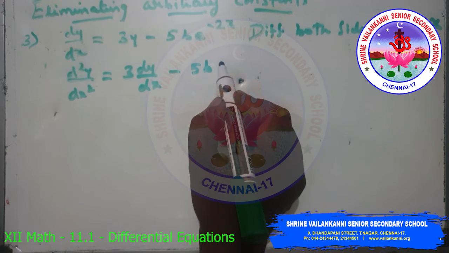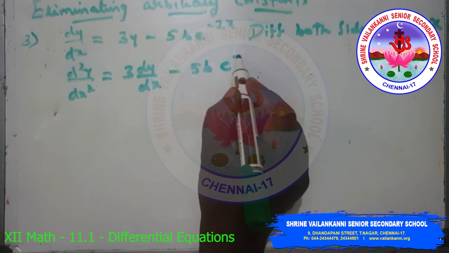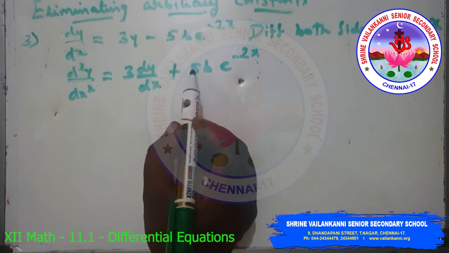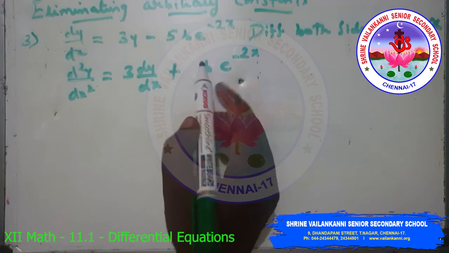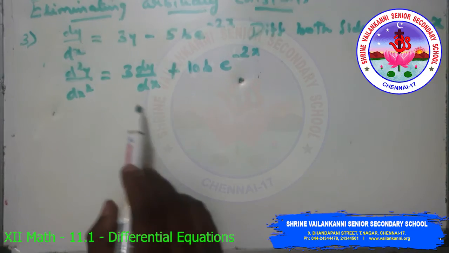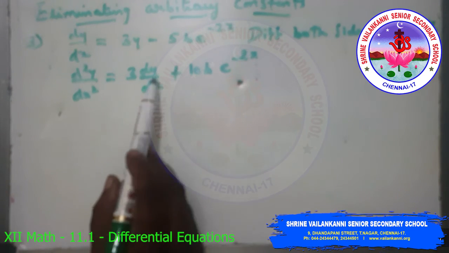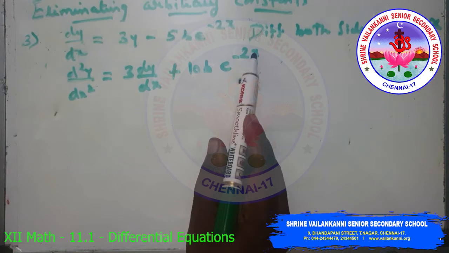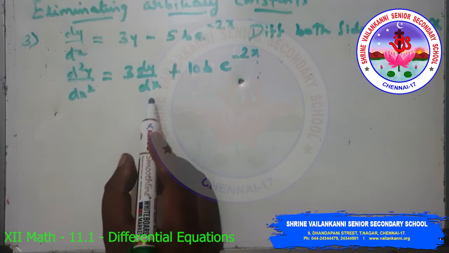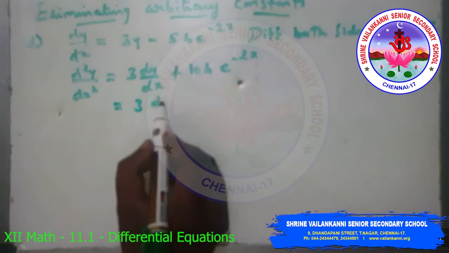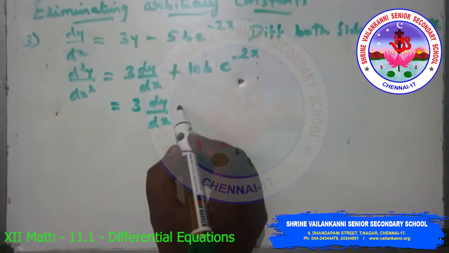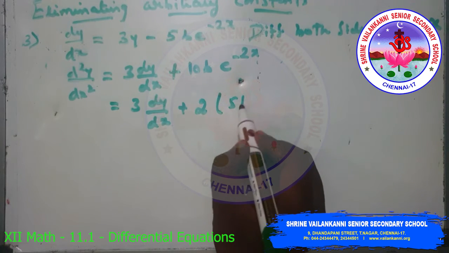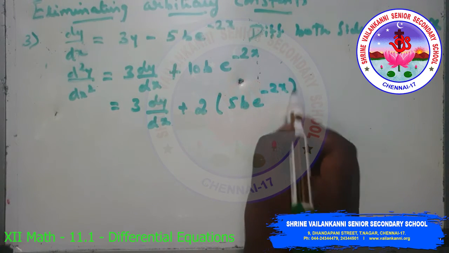Differentiating this, we get minus 2 into e power minus 2x, so into minus 2, plus 5 into 2, we can write this as 10. So d square y by dx square is 3 into dy by dx plus 10b into e power minus 2x, which is equal to 3 into dy by dx plus 2 into 5b e power minus 2x.